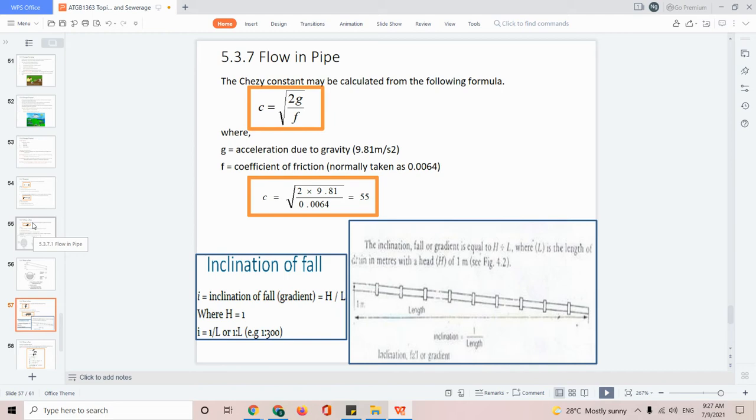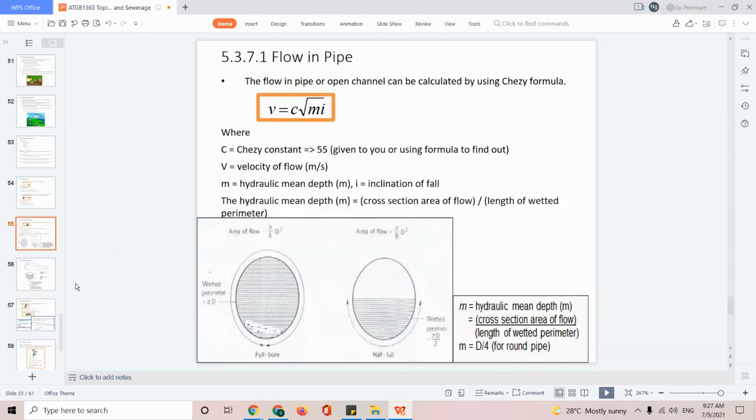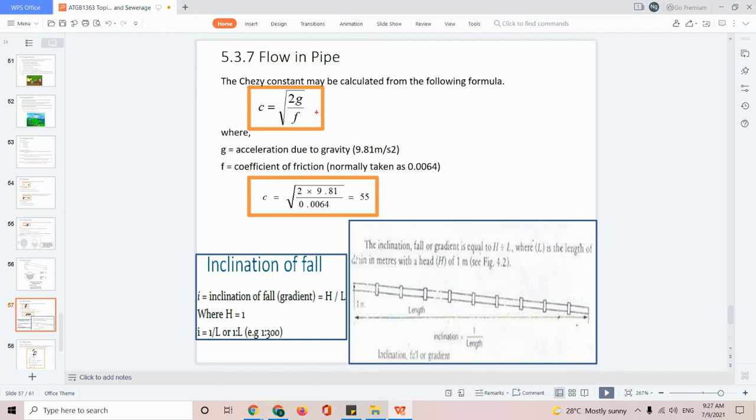And then, besides that, to find out the constant, it is either given to you or you use a formula. So how we get a constant 55 value is through this formula. Here, for the Chezy constant, you have the square root of 2 multiplied by gravity, which is 9.81, and then the coefficient of friction, which is a constant value depending on the material of your pipe.